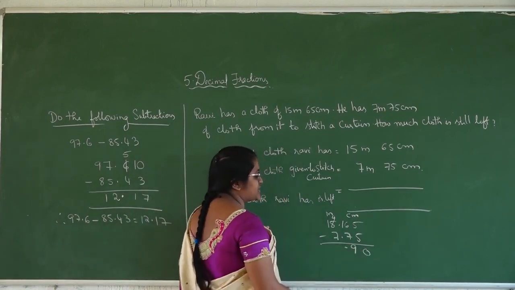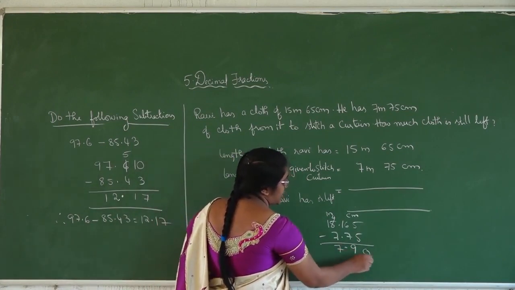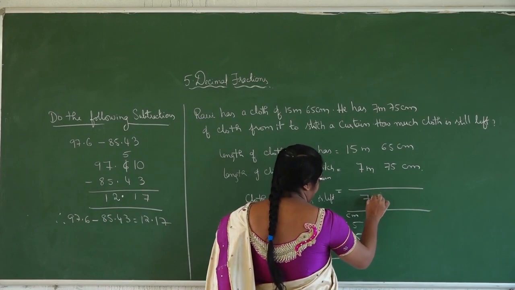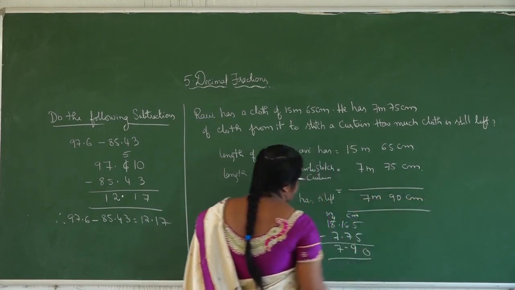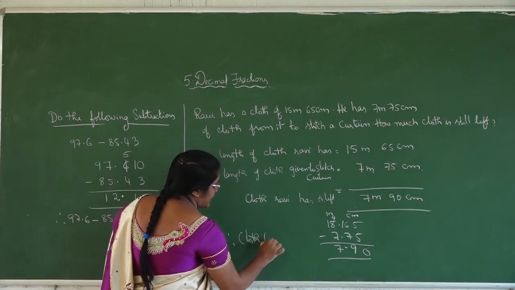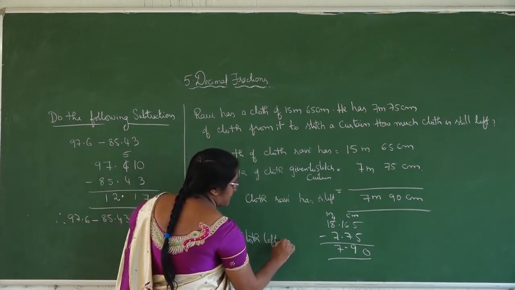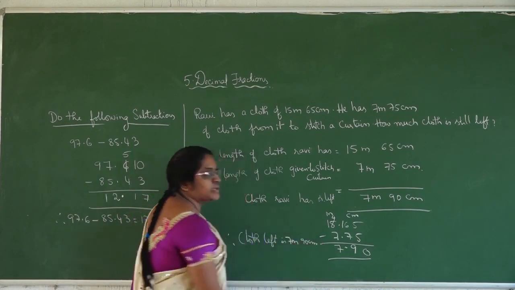Decimal should be under decimal. Now 14 minus 7 is 7. So you can write that 7 meters and 90 centimeters. So therefore the cloth left is 7 meters 90 centimeters.